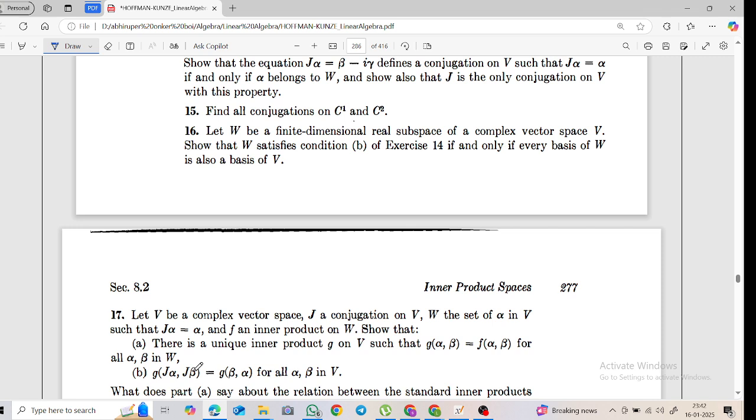Okay, let's try 16. See, understand the question.